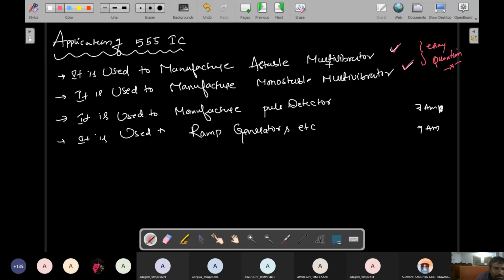Actually maximum marks will be given if the diagram is correct. But if you make any mistake inside, obviously the marks will be cut, even if whatever you write is correct. So only diagrams are very important. Please practice diagrams properly. Understand what I'm saying?